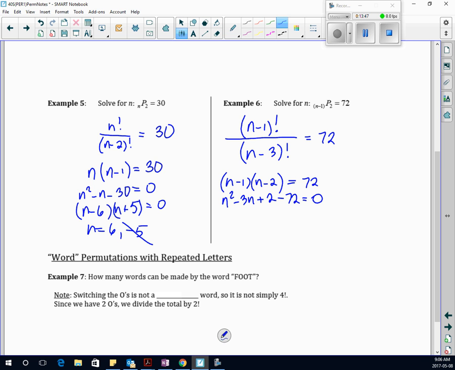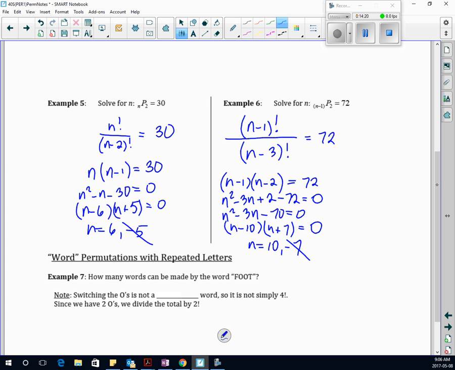N squared minus 3n minus 70 equals 0. What does that factor to be? 7 and 10? So n minus 10, n plus 7. Everybody agree? So n equals positive 10 and negative 7, which we will reject negative 7, right? Because again, n has to be greater than or equal to 1.